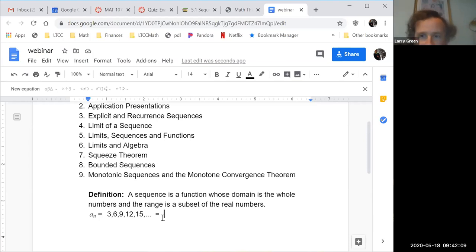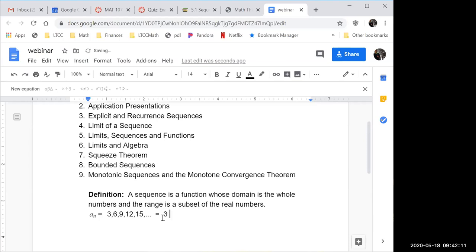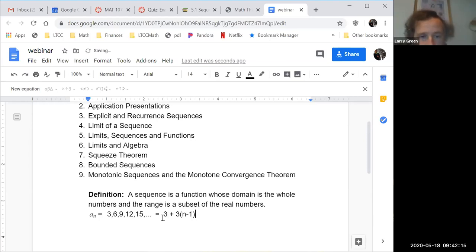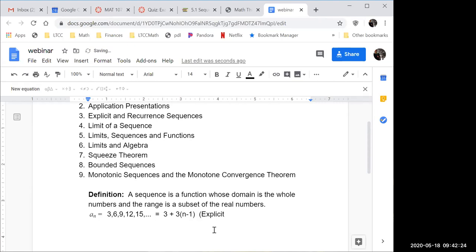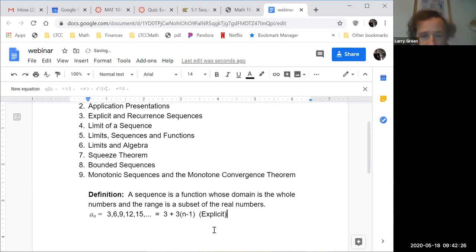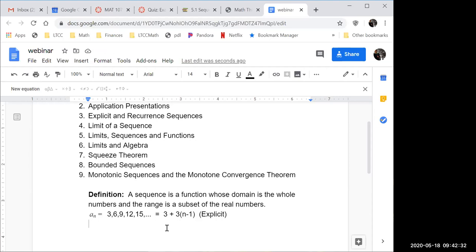Good, good. This is 3 plus 3 times n minus 1. This is called the explicit format. So it's the explicit way of writing a sub n. Any questions on that?